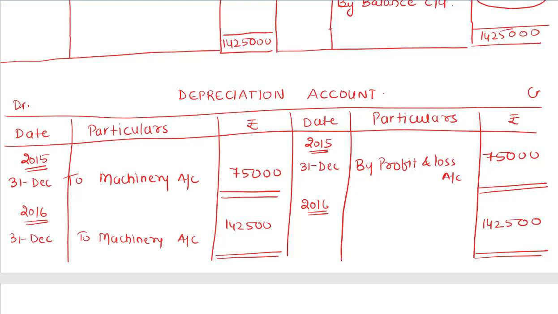And this would be 31st December, by profit and loss account. I believe you understood how to draw the depreciation account. Let us continue now.